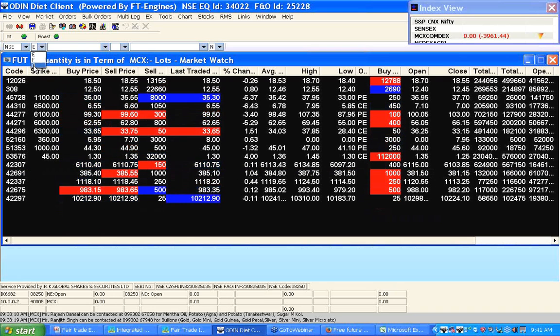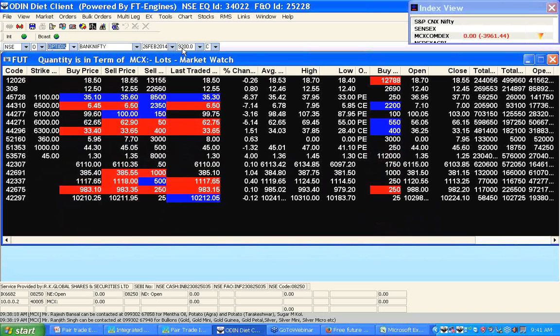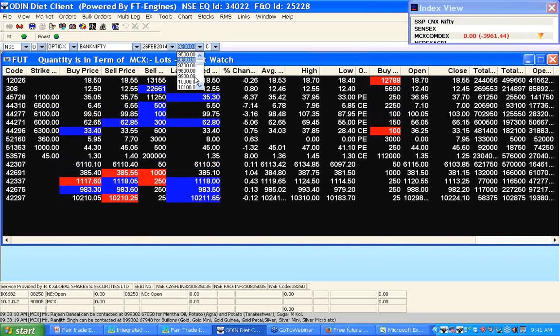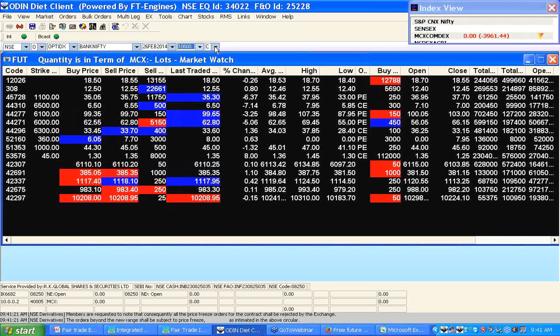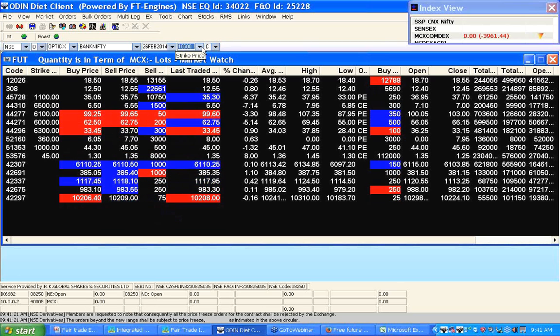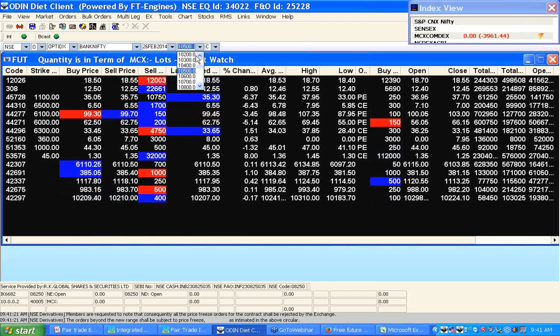So let me go for some options. I'll be doing some option writing with this because my objective is limited to only intraday. I am not going to hold this trade for positional.